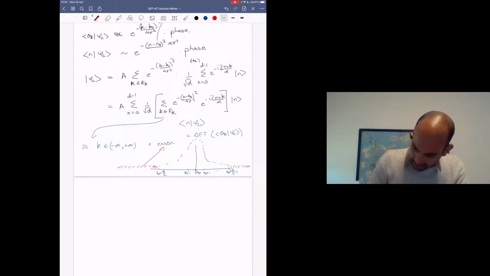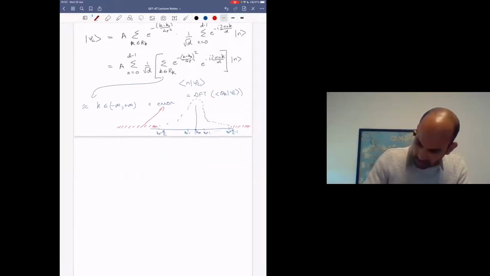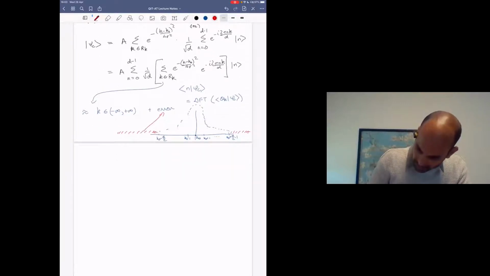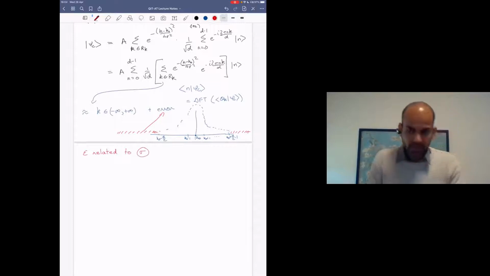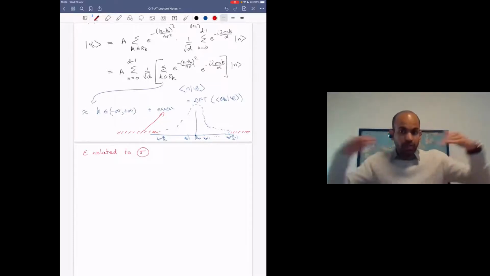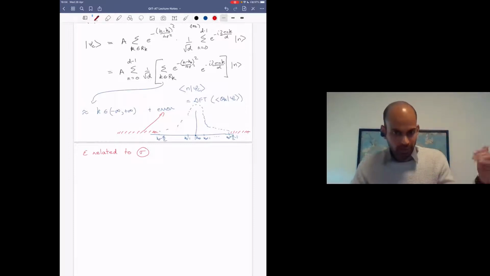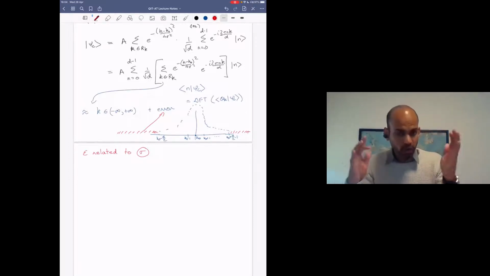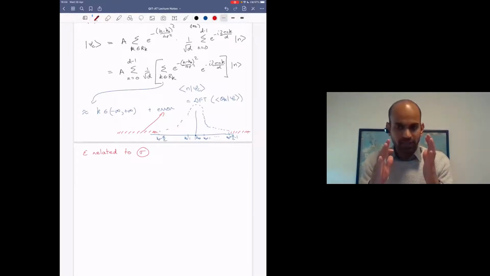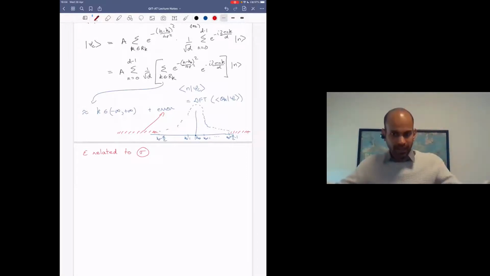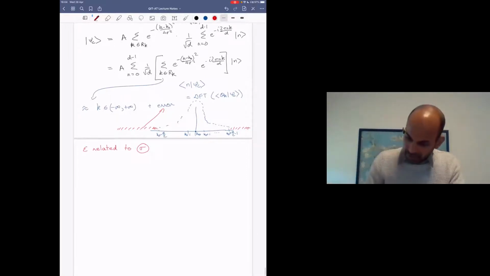And this error is related to the variance, to sigma, which is quite clear. If I choose the variance to be quite large, then those tails are going to be larger. If I choose the variance to be small, the tails are going to be smaller. So I can make the error smaller by decreasing the variance in the theta basis, and then I get a smaller error in the tails.